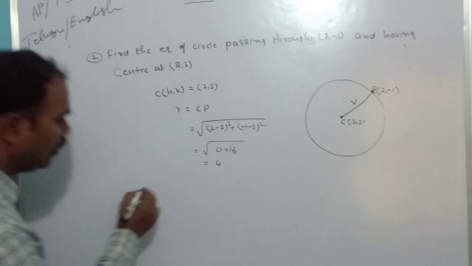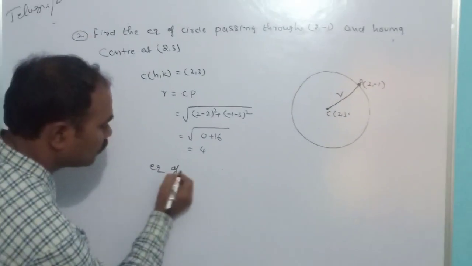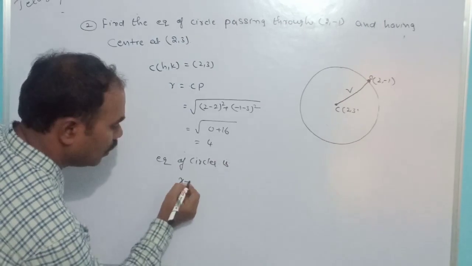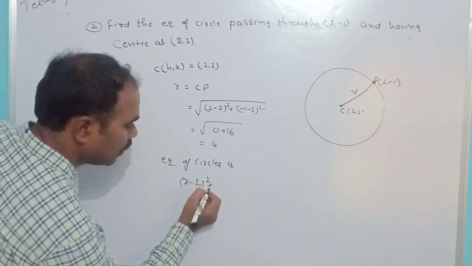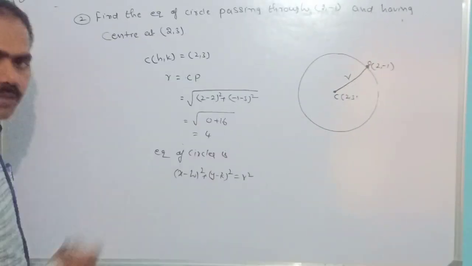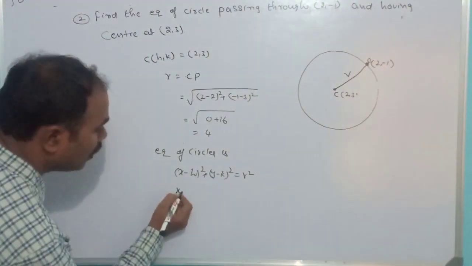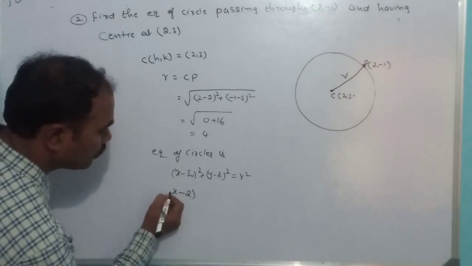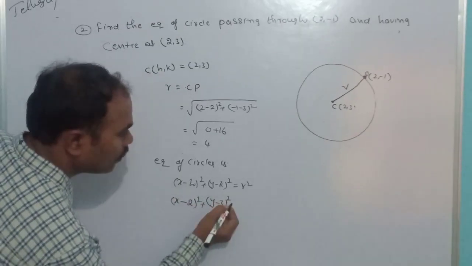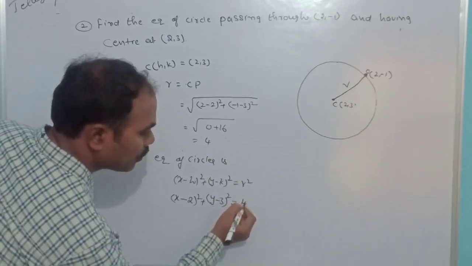Now the equation of the circle is (x minus h) whole square plus (y minus k) whole square equals r square, where h is 2, k is 3, r is 4, so 4 square.